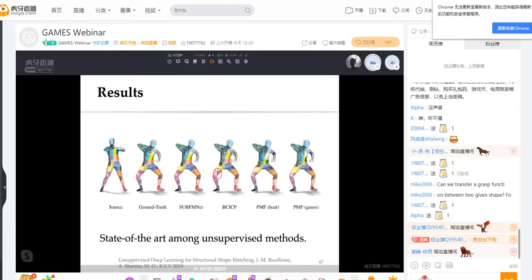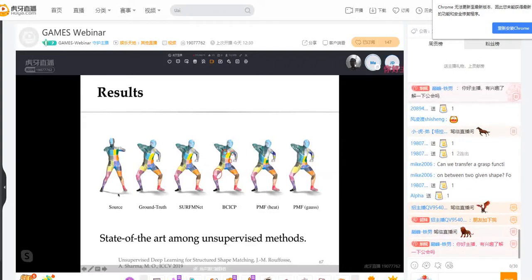So this is just some comparison of the kind of results that you expect. In this case, I'm showing texture transfer. I have some source shape, and this is some texture painted on the source, and then I transfer this texture either with the ground truth correspondence or using different methods.